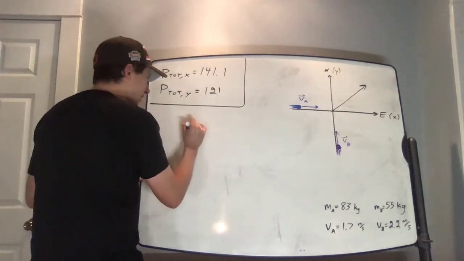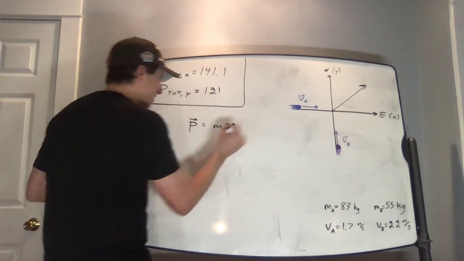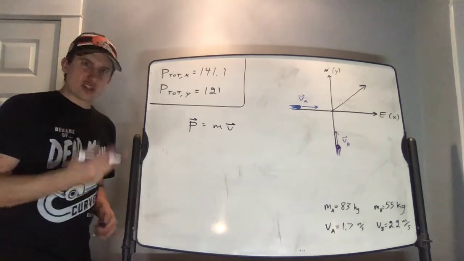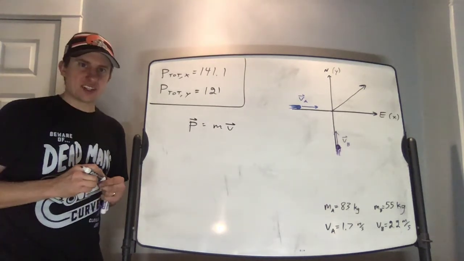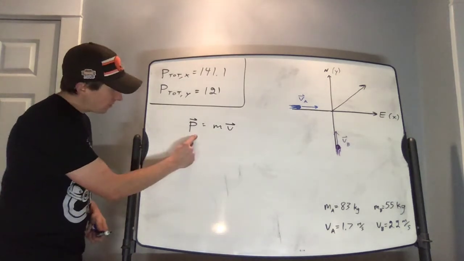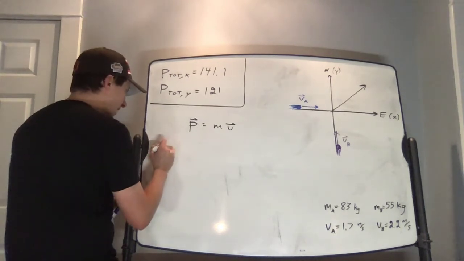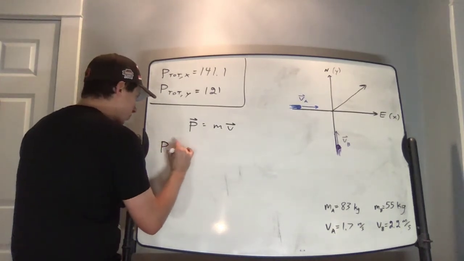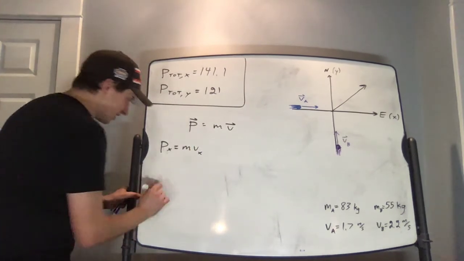I could say momentum is equal to mass times velocity, and this is true at all times. Right now, I'm specifically interested in the momentum after they collide. Well, the momentum after they collide will have an x and a y component. So I could say px equals mvx, and I'm going to leave a little space here.